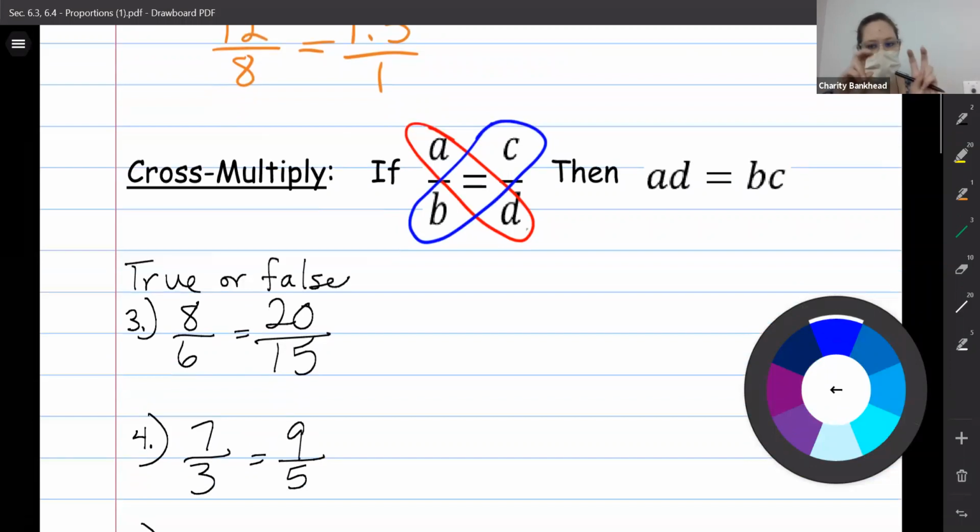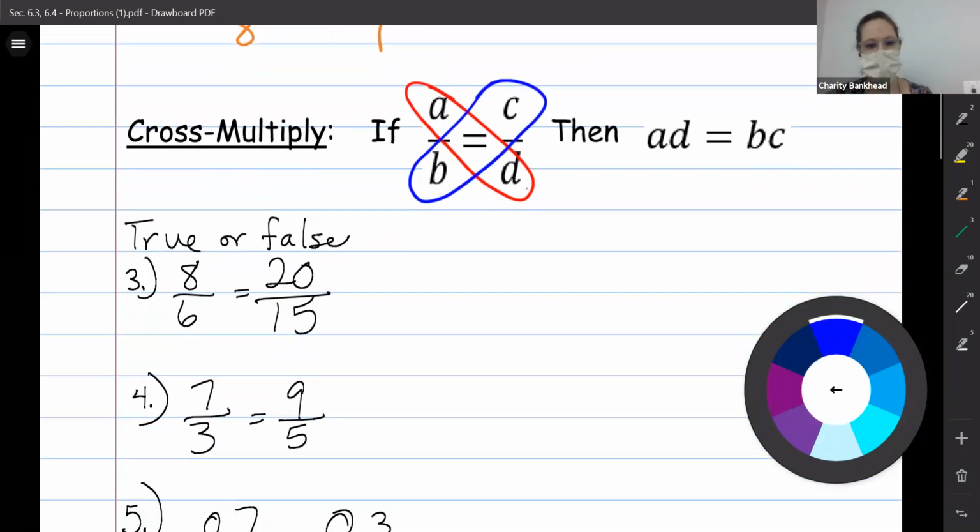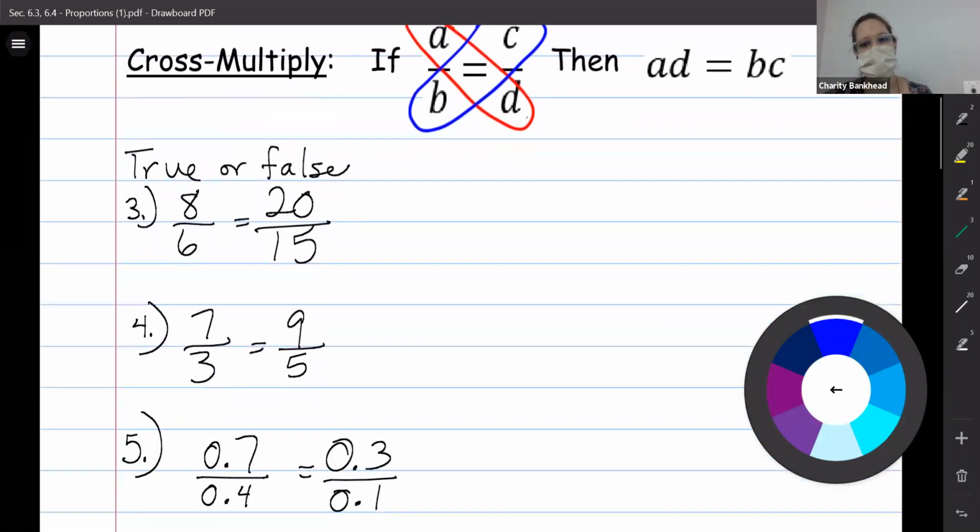The way you're supposed to do it is by cross multiplying and seeing if it's true. But in most cases, we can do it an easier way for the true or false part, because if we just reduce each of those fractions independently, then it's going to be obvious whether they're equal to each other or not. So that's what I'm going to do.